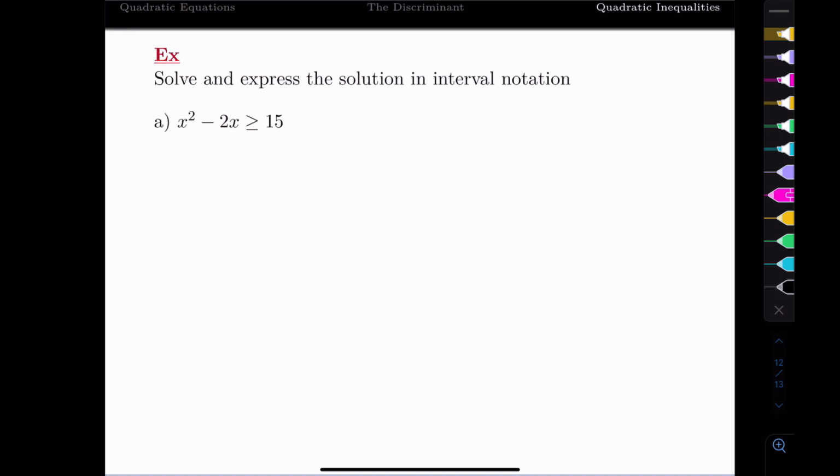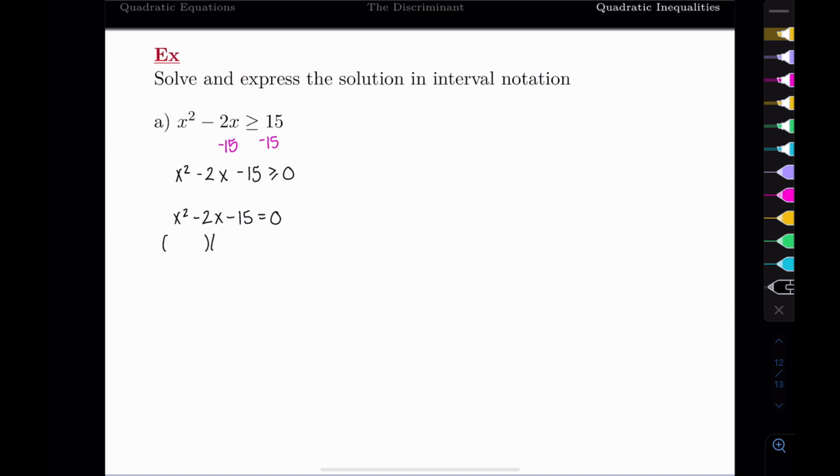So the very first thing I want to do is move everything to one side. The easiest way to do that is to move the 15 over. So that gives us x squared minus 2x minus 15, and we want this to be greater than or equal to 0. To find my important numbers, I'm going to set this equal to 0.